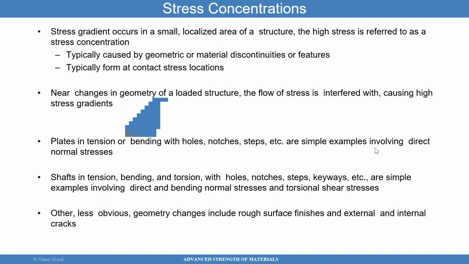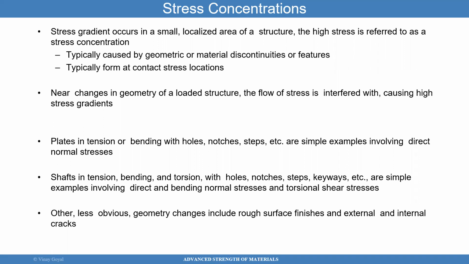And so a stress gradient can occur in a small localized area of a structure, and this high stress is referred to as a stress concentration. Typically, it's caused by a geometric factor, like I said before, say a hole in a plate, or a material discontinuity, like a bonded joint, where you have two metals connected by a bond.